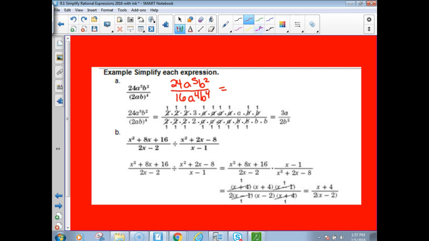And now I would expect that you would use your exponent rules and your knowledge of common factors of numbers. You can divide 16 and 24 by 8, so you might do vertical cancellation. 16 divided by 8 is 2, 24 divided by 8 is 3, so we'd have 3 over 2 for the numbers.